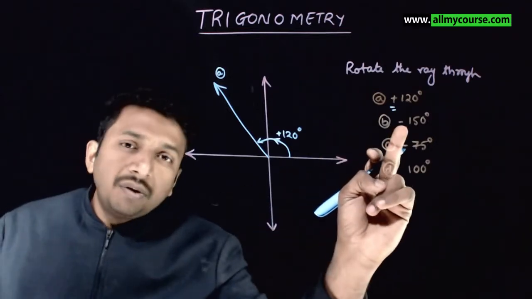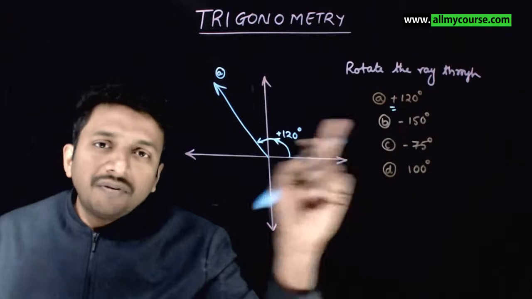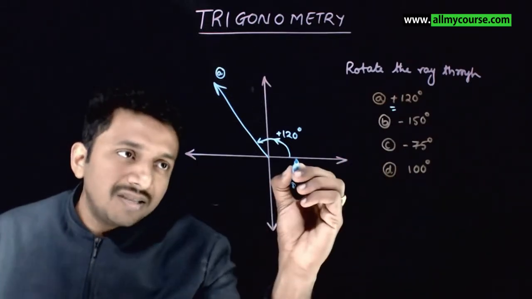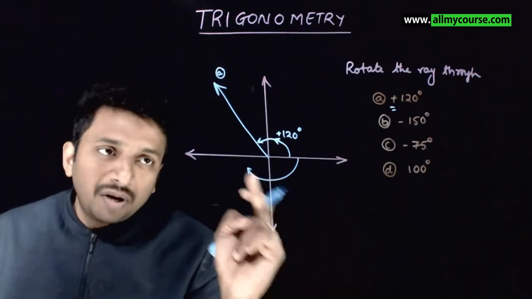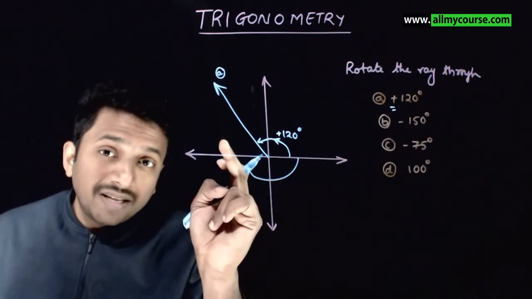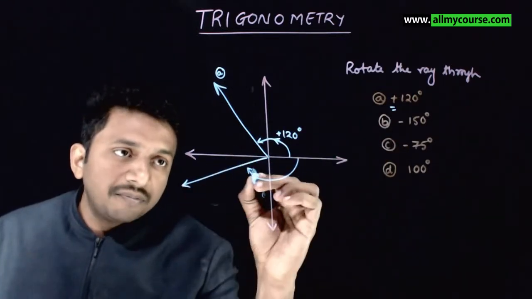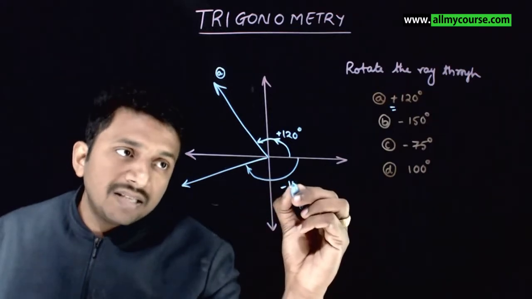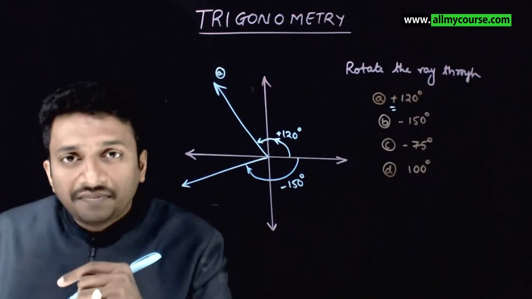This is the corresponding ray for the first question. Next question, you're asked to rotate the ray through minus 150 degrees. Minus 150 degrees is nothing but 150 degrees in clockwise direction. That is, you have to rotate it in this direction. 90 has been crossed. If it comes here, it becomes minus 180. I want minus 150, so it will stop somewhere here. This angle is represented as minus 150 degrees or 150 degrees in the clockwise direction.